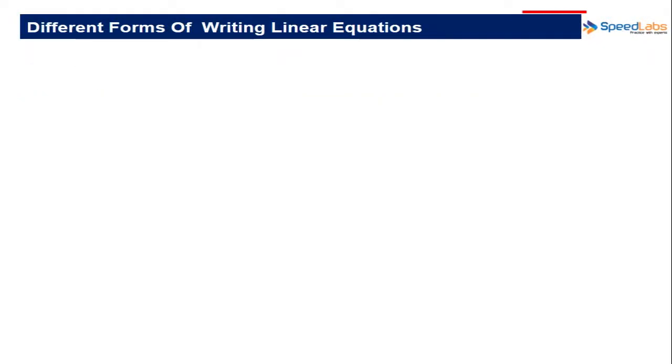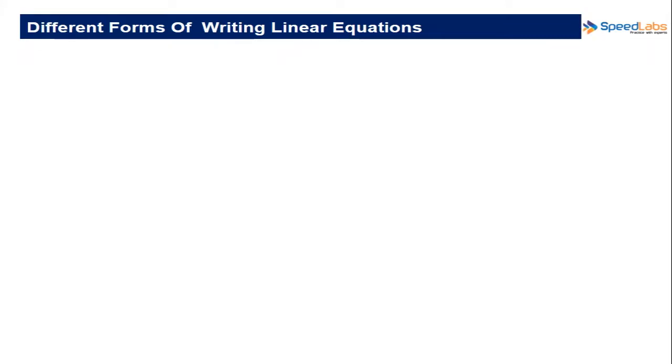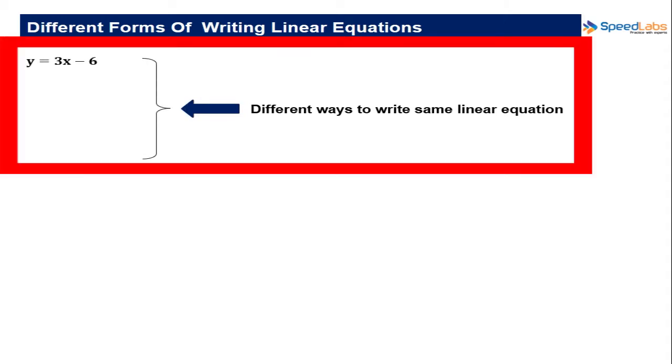So now what are the different possible forms of linear equations? Basically these are very simple transformations from left hand side to right hand side which you have done in class 8. So if you look at this linear equation, y is equal to 3x minus 6, you can transfer this 3x to the left hand side or this 6 to the left hand side.